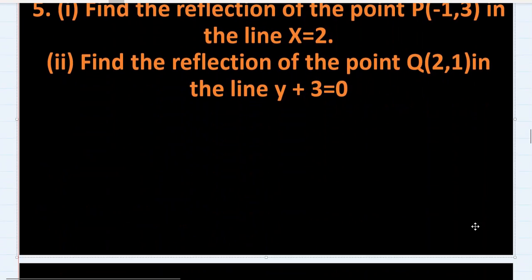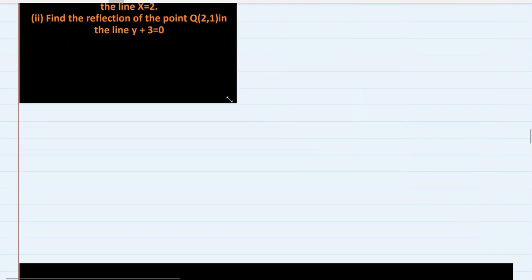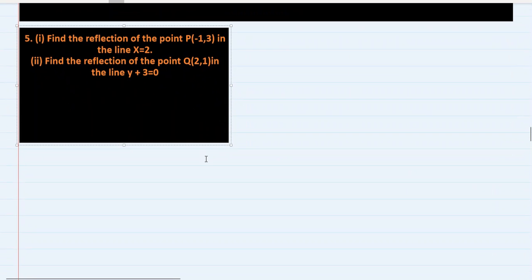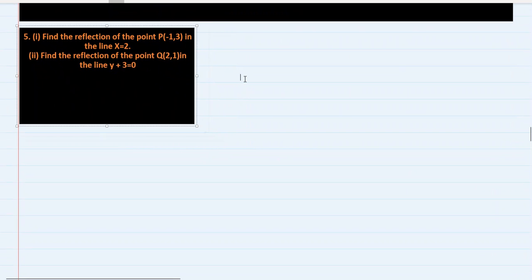Let's go to the next question. Fifth question. It's a small chapter, it will be over very soon. Find the reflection of the point P(-1, 3) in the line x is equal to 2. Okay, so P(-1, 3) is our point. We have to find its reflection in the line x is equal to 2.